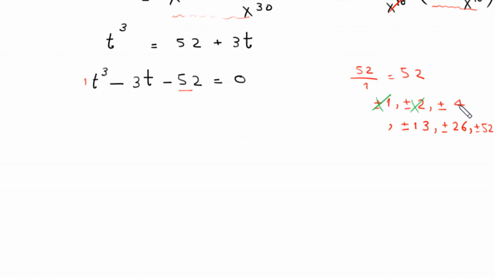If we check t is equal to 4 in this equation, then this will become 4 cubed or 64 minus 3 times 4, which is 12, minus 52 is equal to 0, and 64 minus 12 is 52, minus 52 is equal to 0.